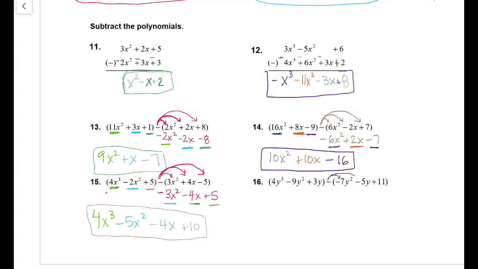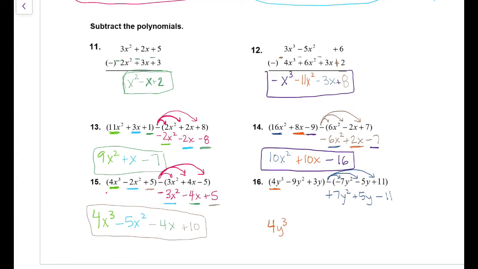Looking at number 16, we're going to take the negative and distribute it through the second half of the expression. We have plus 7y squared plus 5y and minus 11. We just change all the signs when we distribute that negative through. We have a 4y cubed.